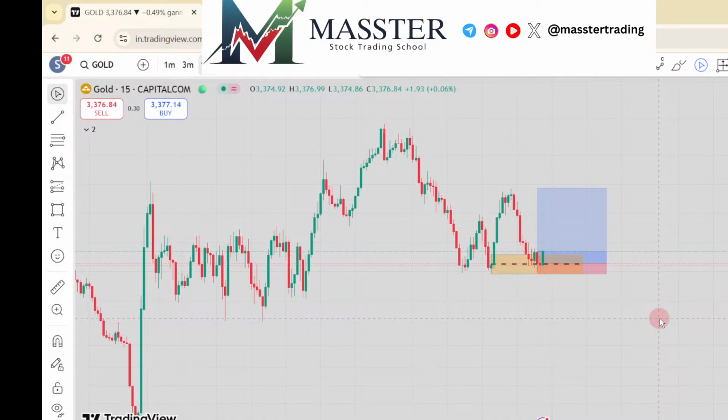Simply, I can say one thing: if the higher time frame is bullish, then in the minor time frame also we have to go with a bullish bias. There is no bias for the selling side as per my perspective. So I took the trade for the long side.